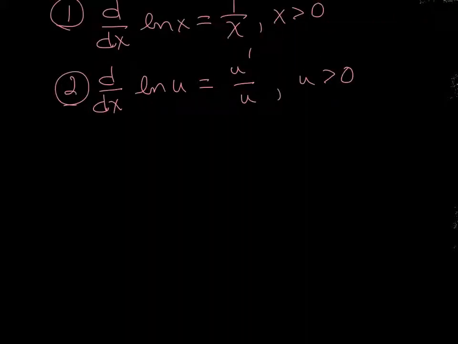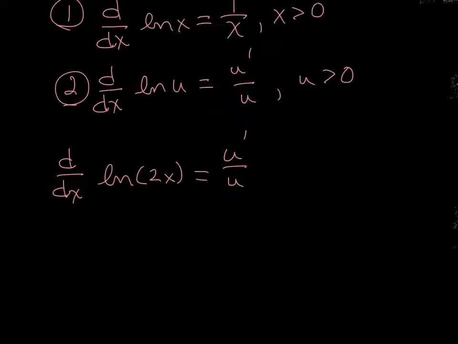So let's just quickly take some derivatives. I want to take the derivative with respect to x of the natural log of 2x. Well, we said that's going to be u prime over u. Here's my u. So the derivative is going to be 2 over 2x, which is equal to 1 over x.